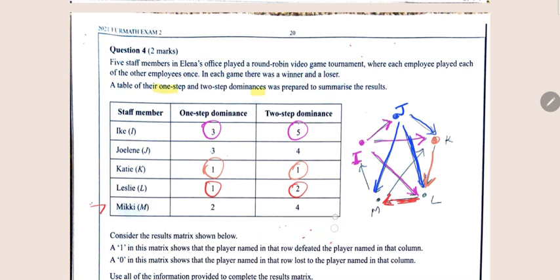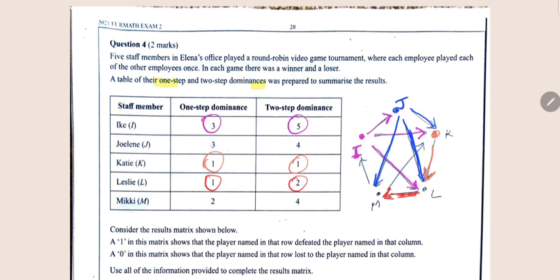So the only one that we haven't talked about is Mickey. Now Mickey beat 2 people who beat 4 other people. So the combination can be a 3 and 1, or it can also be a 2 and 2.